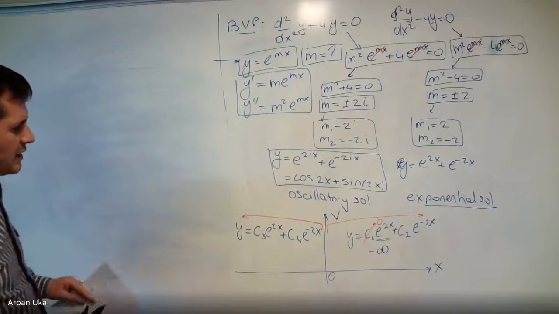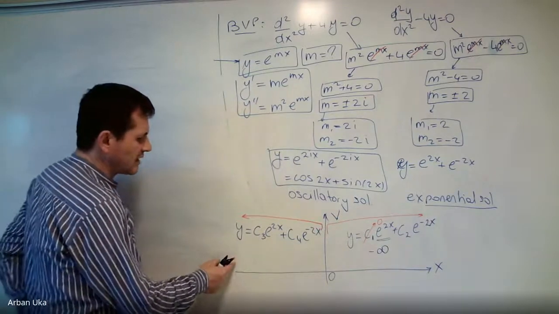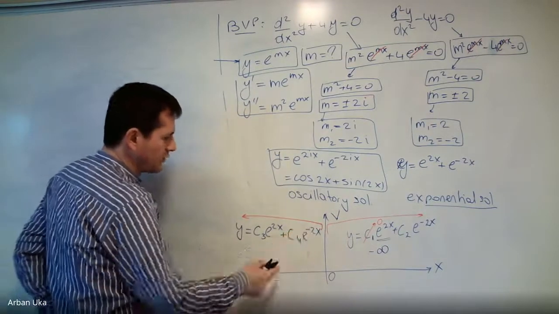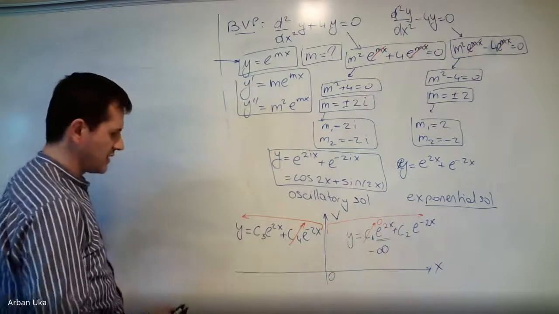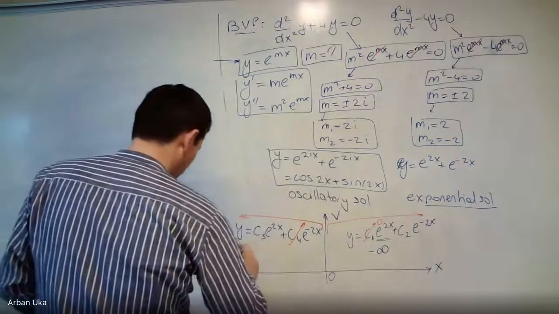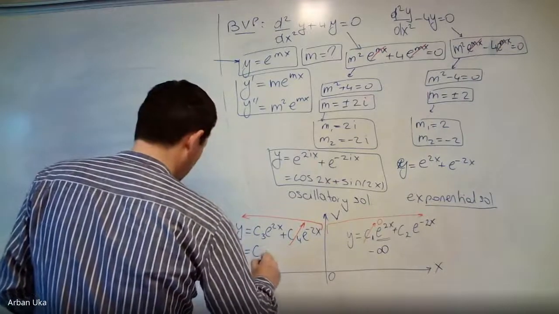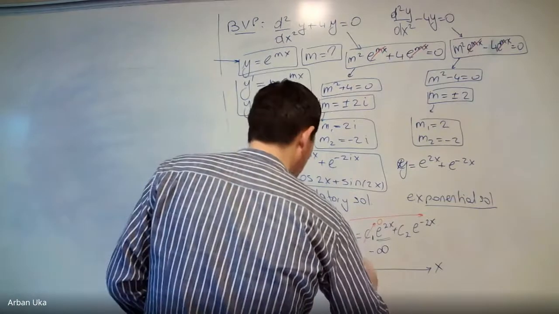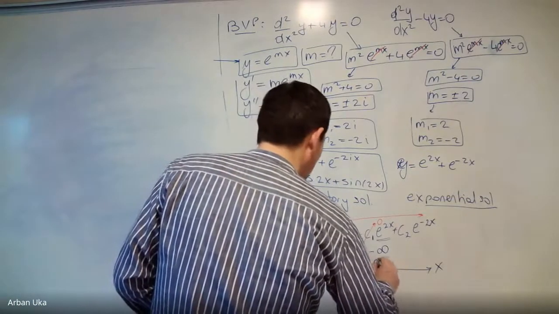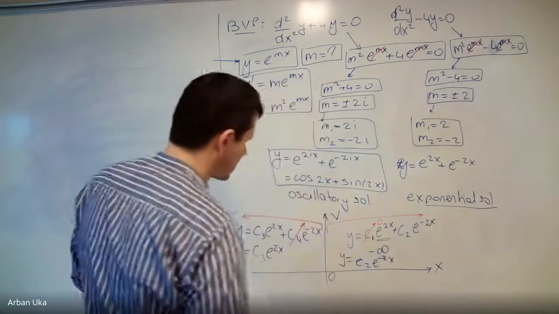Here, when x is negative, multiplied by minus 2 it becomes positive, so this one should be cancelled out. Finally, we can say y would be equal to c3 e to the power 2x.